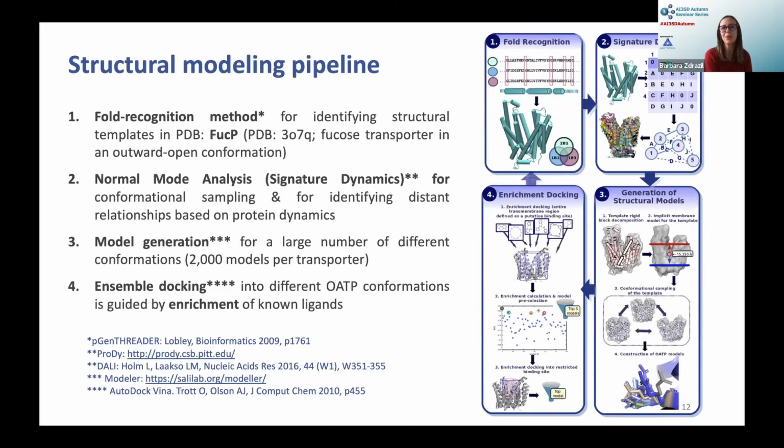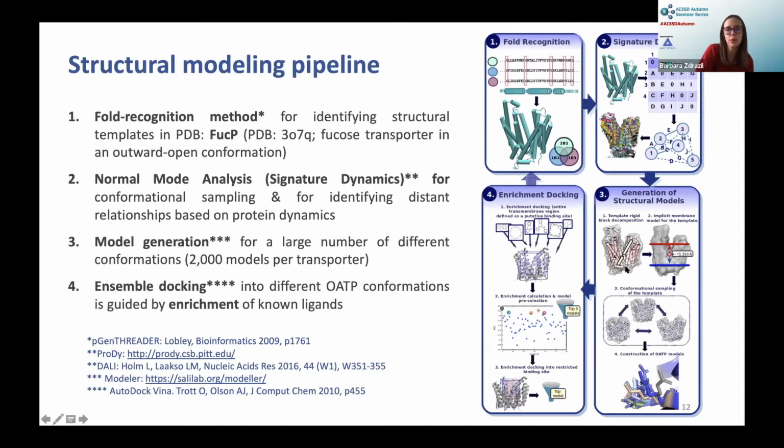But also we wanted to see, can we identify distant relationships based on the protein dynamics? By doing this normal mode analysis for a whole group of structurally related proteins, do we see if the same transmembrane domains move more than others? Because this could give us hints about the function and dynamics of these proteins.